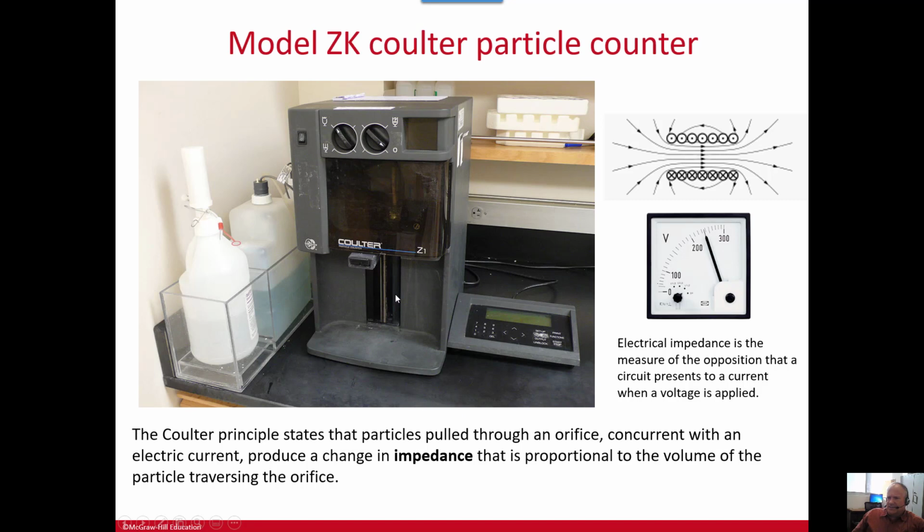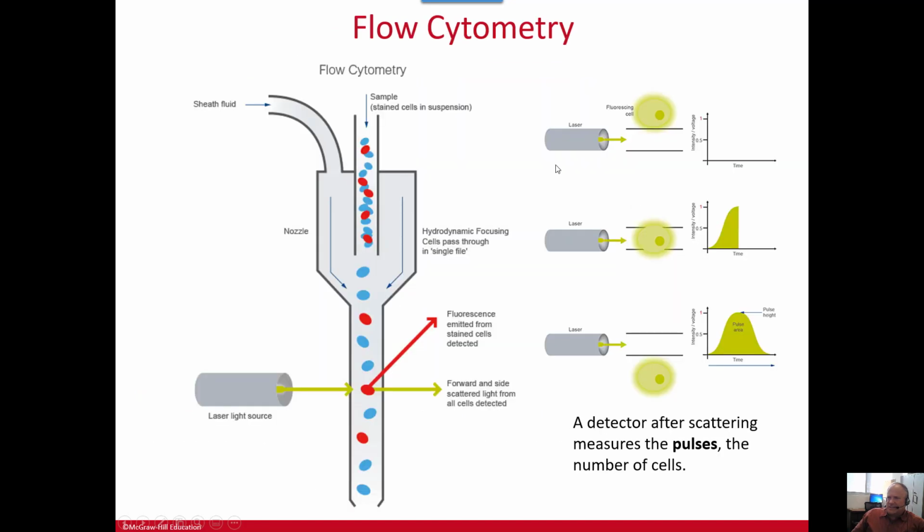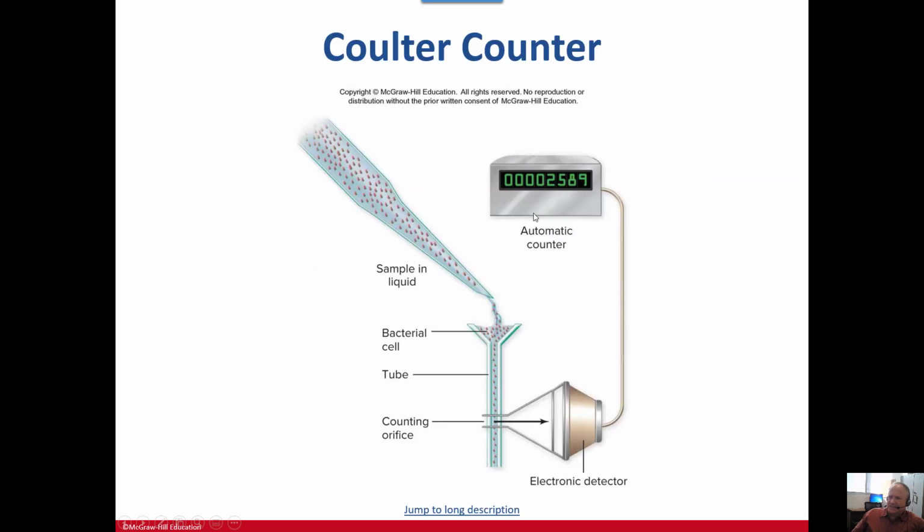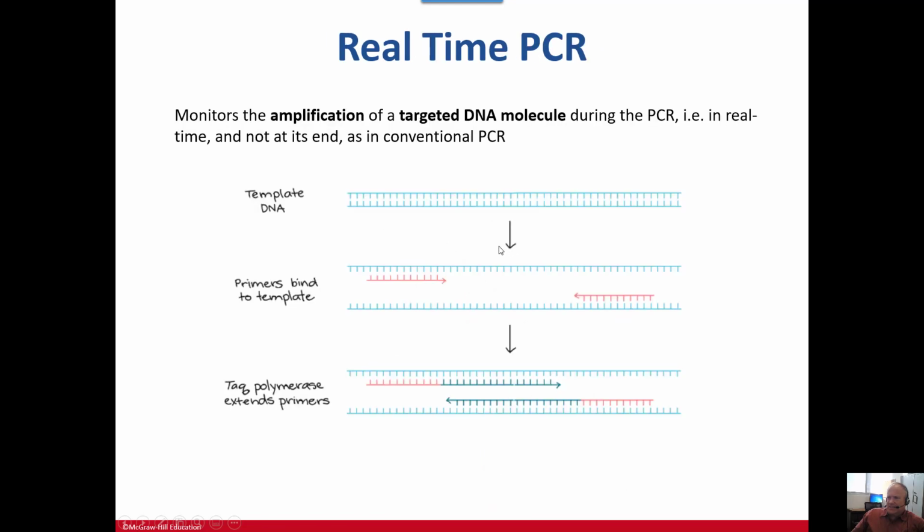So there's a Coulter Counter, a picture of one there, and it looks at the change in impedance as things flow through it. So we have sort of a magnetic flow, and if something disrupts that, it's sort of like a proximity sensor. It measures that electrically. With a flow cytometer, you can go cell by cell, and you can even tell if the cells are viable or not based on the integrity of the cell itself, and so you can see how they work.